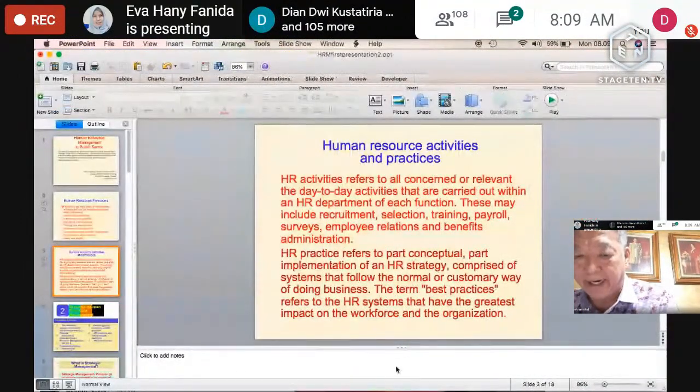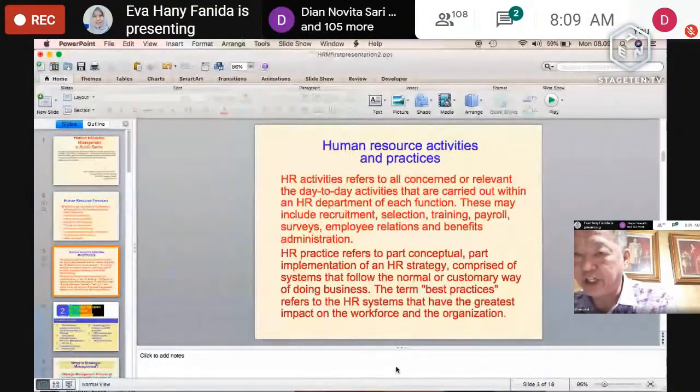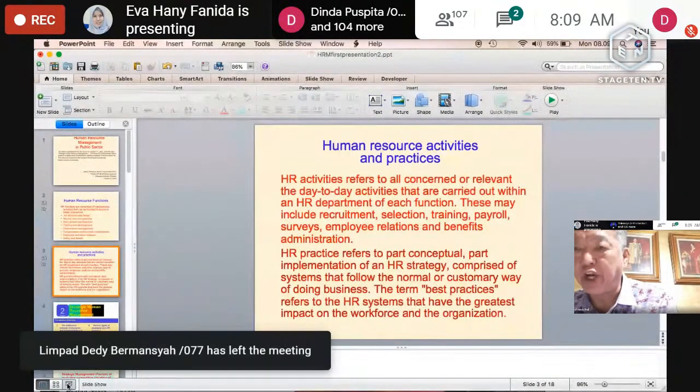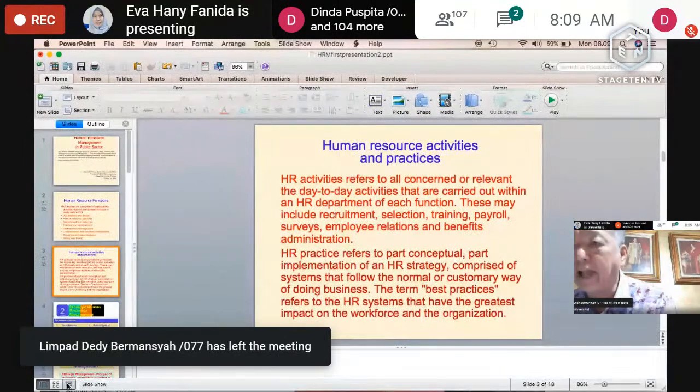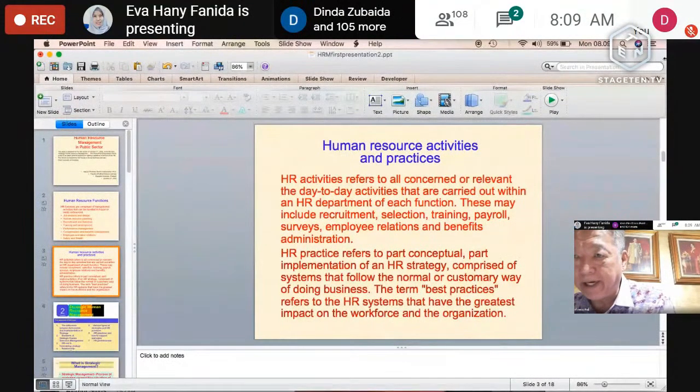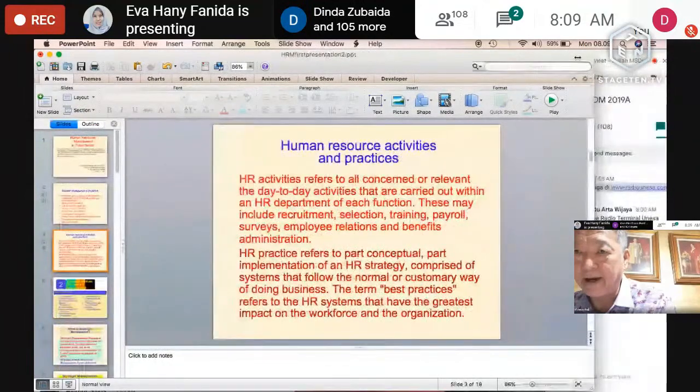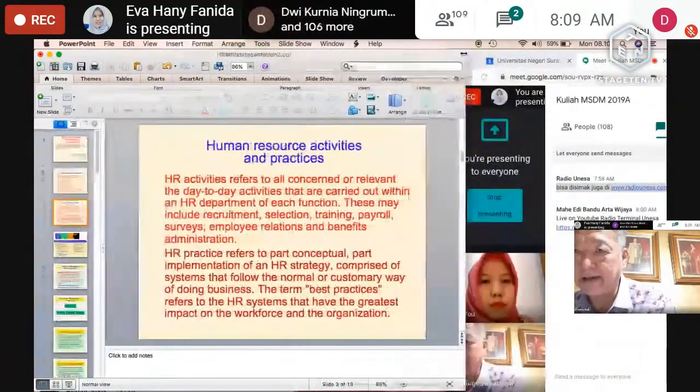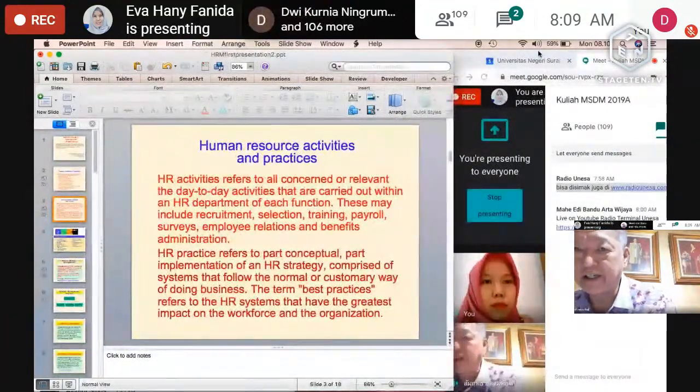This may include recruitment, selection, training, payroll, survey, employee relations and benefits administration. On functions, I explained earlier. So activity means the day-to-day activities of those functions.